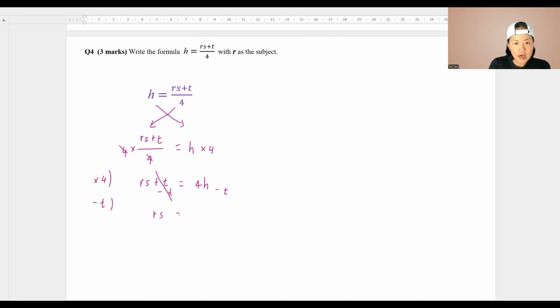I have RS equals 4H minus T. And then, we're nearly there, I want it to be R by itself, but it has S next to it, so I'm going to divide by S on both sides. Then it'll cancel out. Now I have R by itself on the left. So R equals (4H minus T) over S.